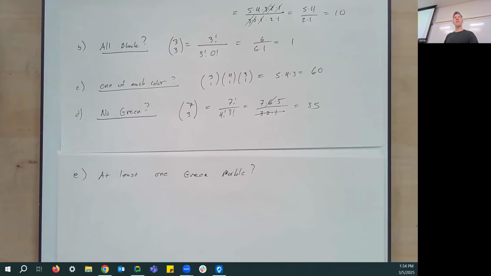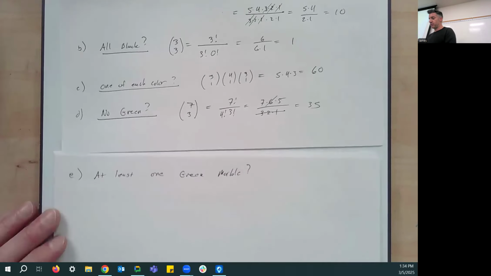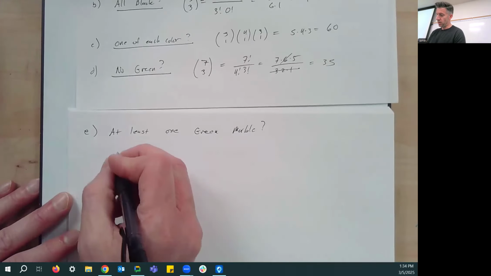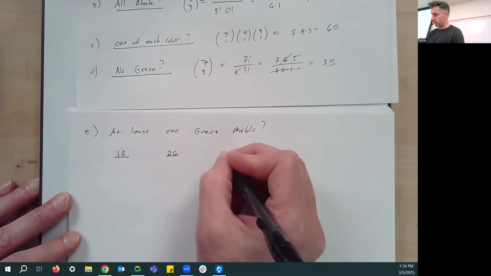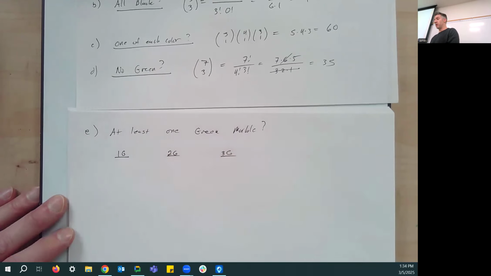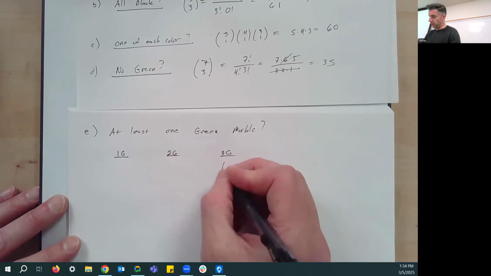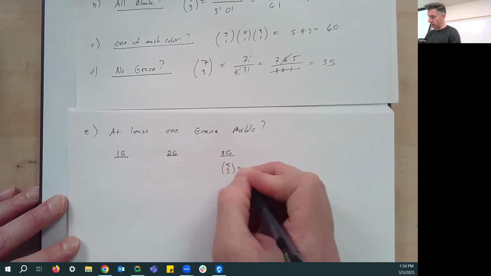Well, that's going to be a bit more work because at least 1 green means I could pick 1 green or 2 greens or 3 greens. So here's how I would approach this. It's going to be 1 green plus 2 greens plus 3 greens. We already know how many ways there are of picking 3 greens. That was all greens, which was 5 choose 3, which was equal to 10.